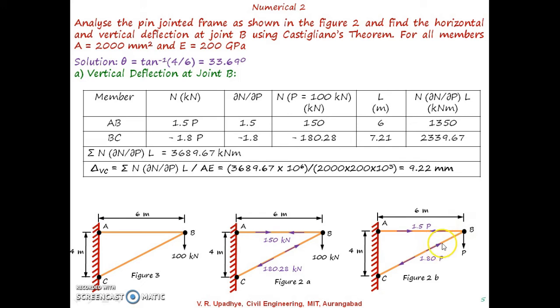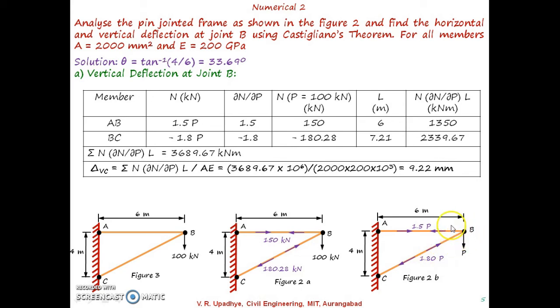So that is compression. The equation will be FBC sine 33.69 minus P equal to 0, or FCB becomes P divided by sine 33.69, and that gives internal member force in member CB as 1.8 P, compression.